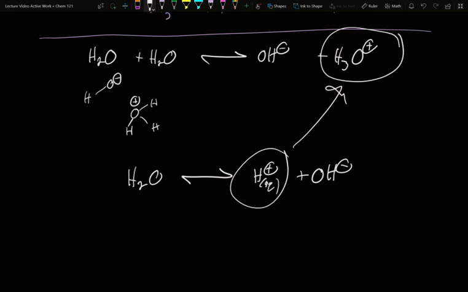And so more often than not, we simply refer to it as H+ instead of H3O+. Truth is, they're identical in an aqueous solution. But water is doing this all the time, which means in a bucket of pure water, you have a little bit of H+ floating around and a little bit of OH- floating around. They're in equilibrium.